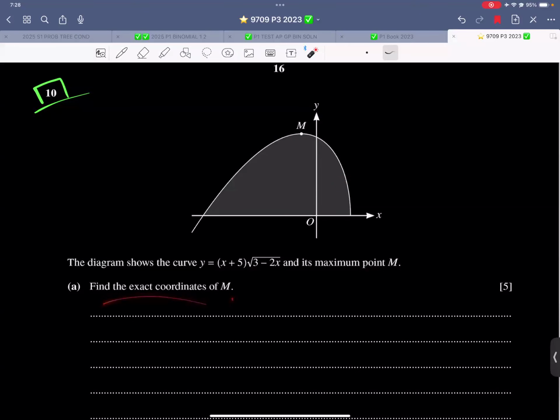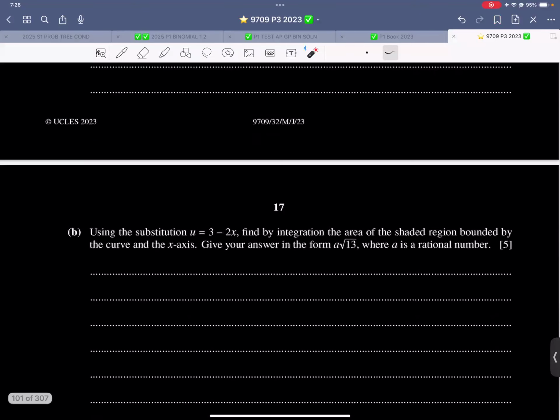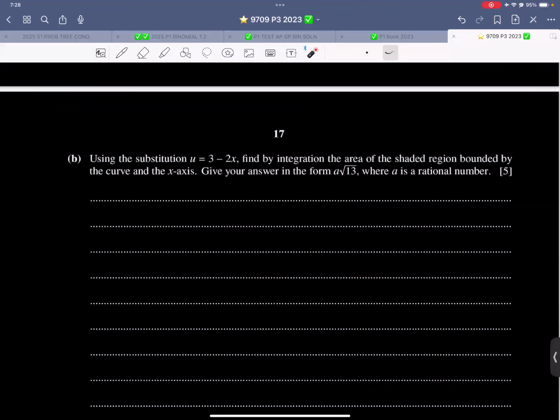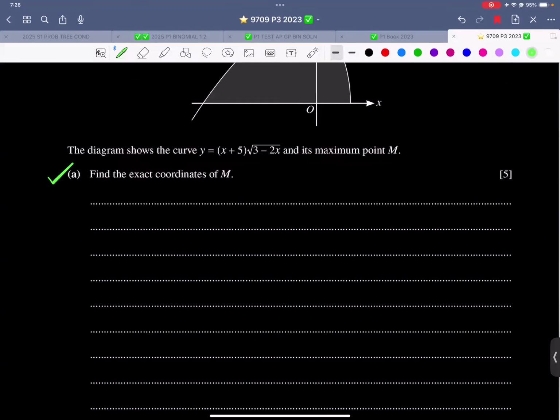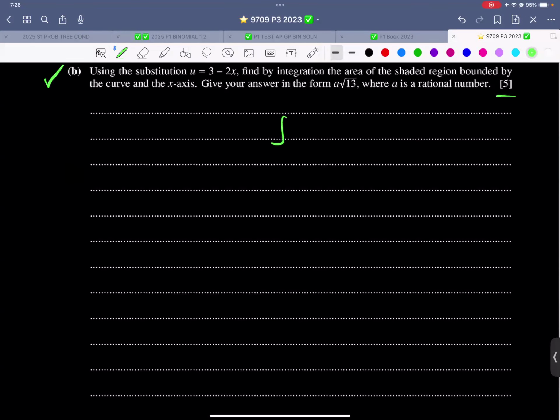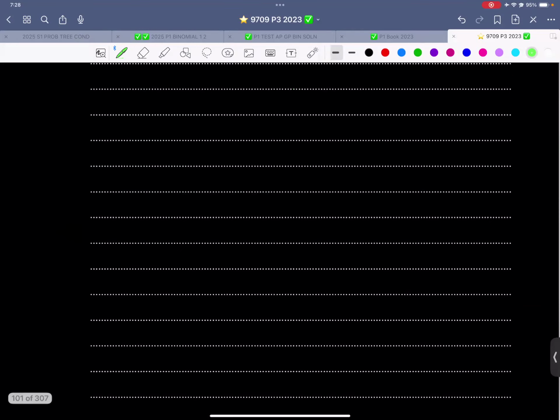Find the exact coordinates of M, and use the substitution, find by integration the area of the shaded region bounded by the curve and the x-axis. Give your answer in this form where a is a rational number. So again, 5 marks for this one, 5 marks for this one. This is about differentiation. This is about integration.